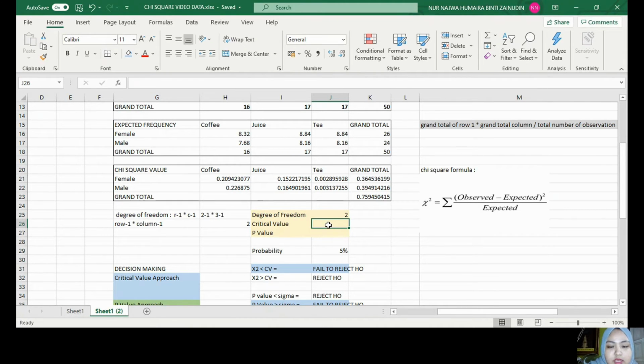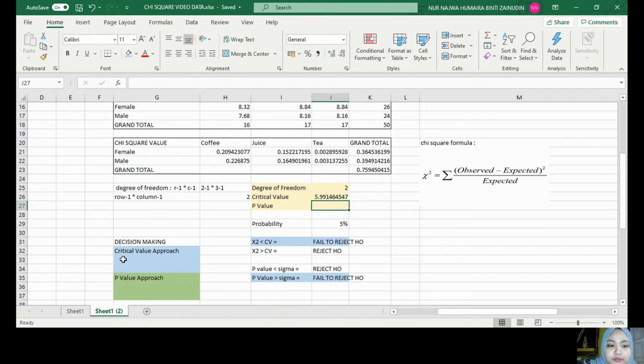Okay, now we can use the formula CHISQ.INV.RT. Probability is 0.05 and the degree of freedom is 2. Close bracket, 5.99.